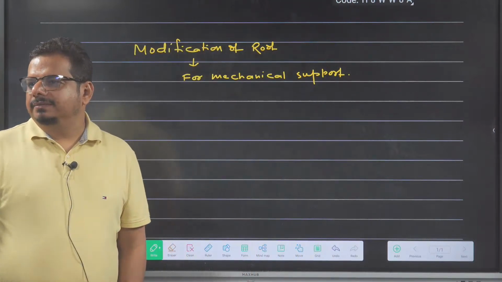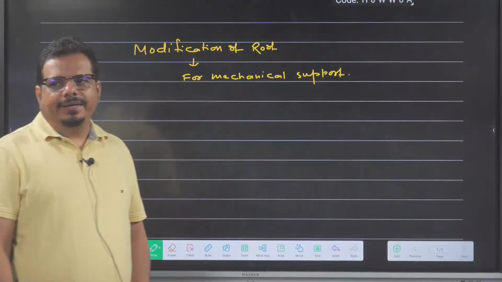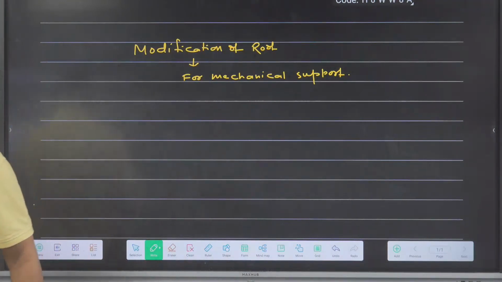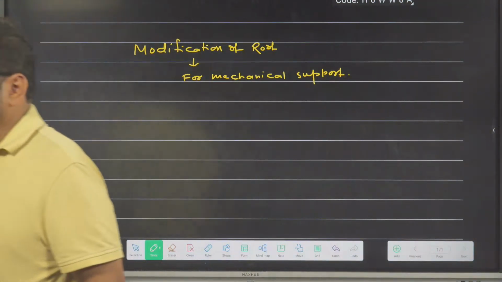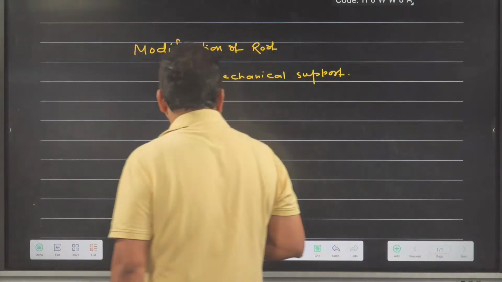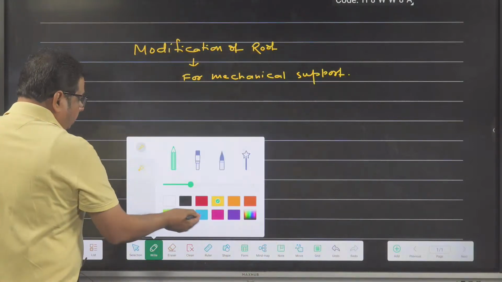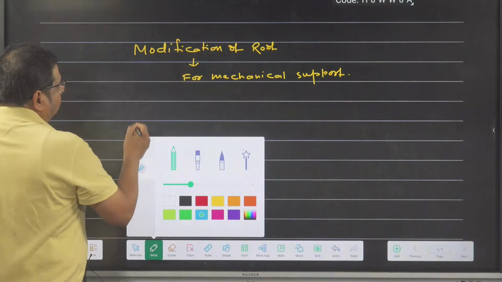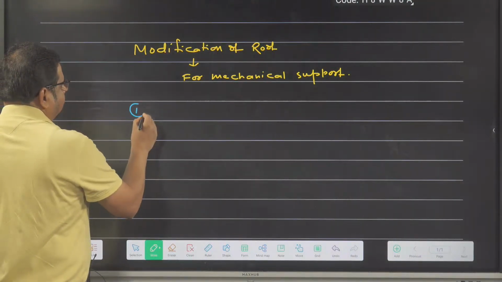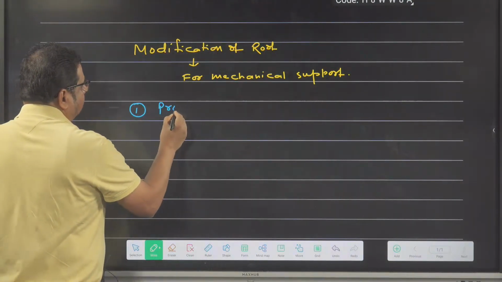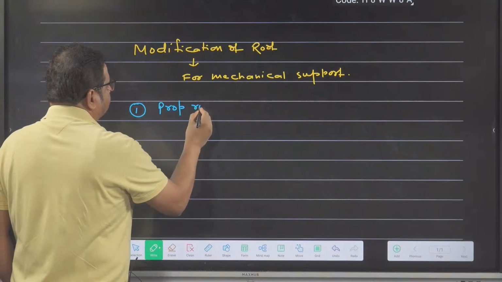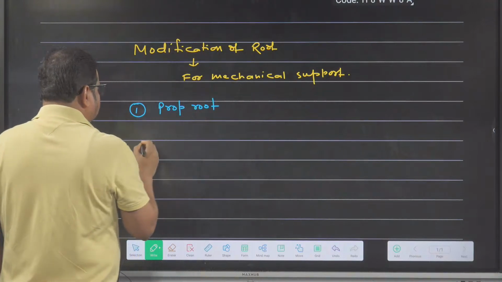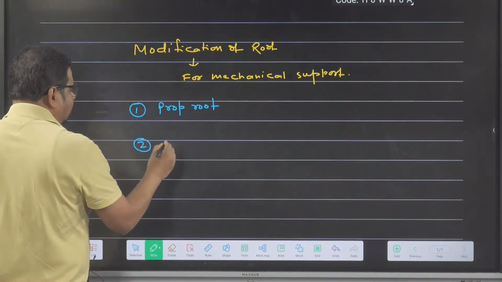Now give your attention. So very first modification is, NCERT wrote, prop root. And the second modification, it is what?